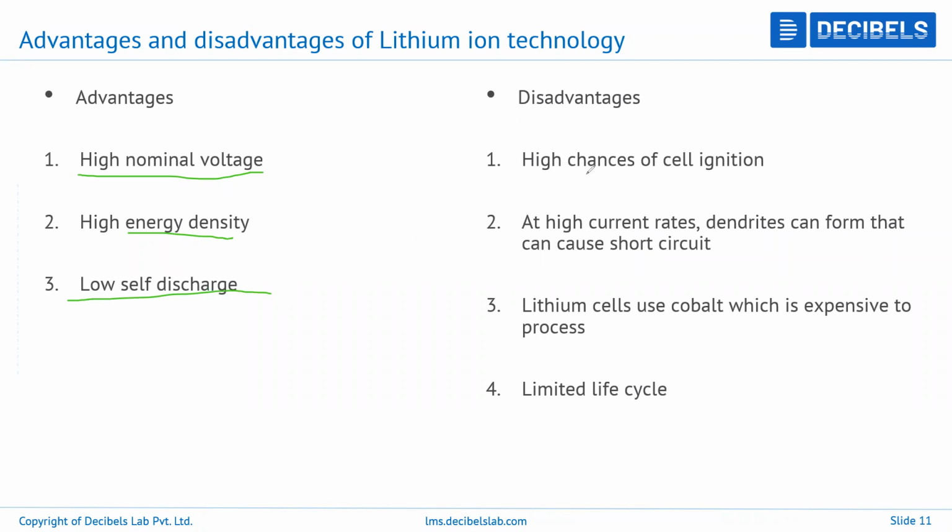But on the disadvantage side, there are high chances of cell ignition. We have seen many reports in modern days that the Ola S1 Pro or Okinawa scooters can suddenly catch fire.